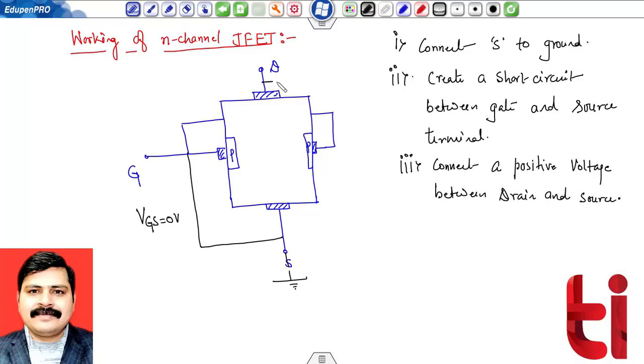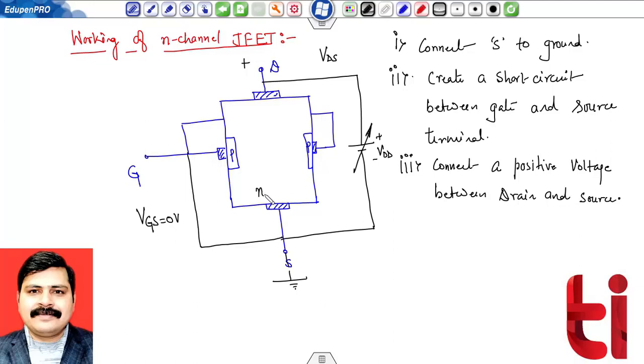So now we have to connect a positive voltage between drain and source, and suppose I am saying that this is a variable supply. I am marking this as VDD. So positive terminal of VDD is connected to drain and negative terminal is connected to source. That means there is a creation of voltage, and this is VDS.